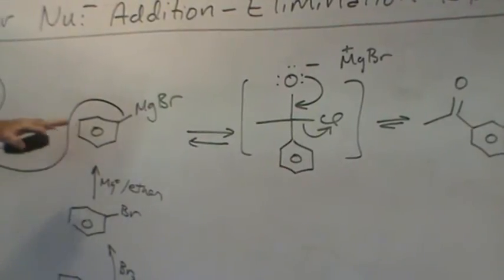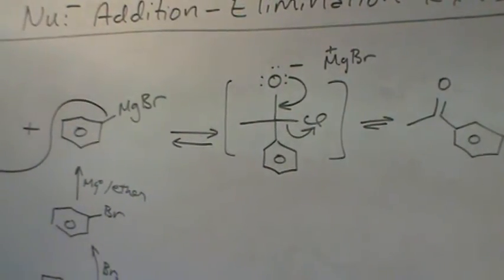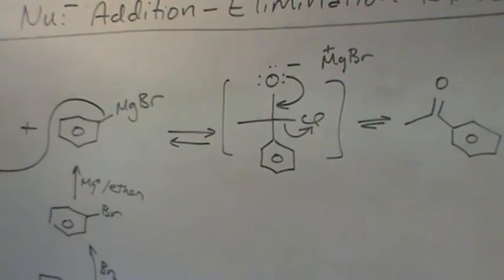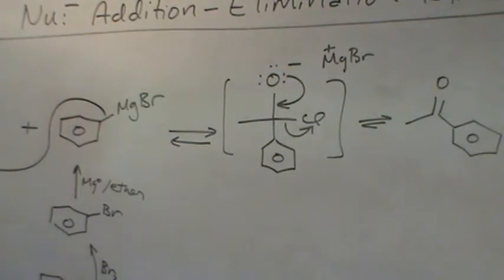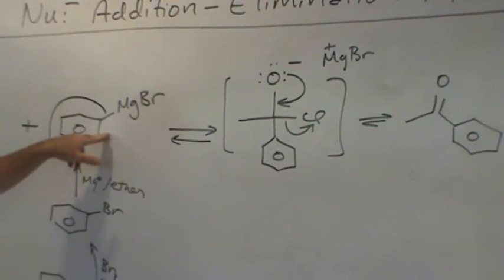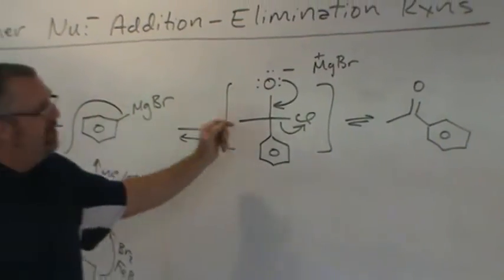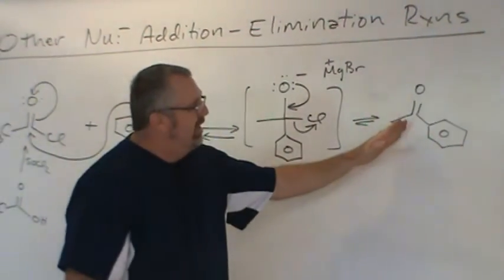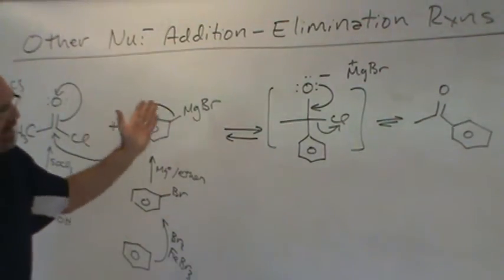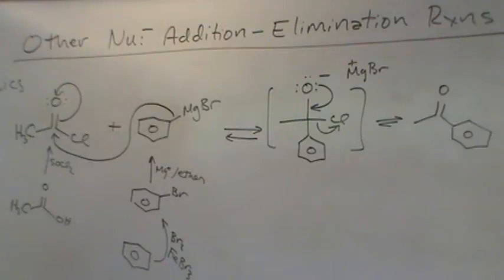Even if I've only added one equivalent of Grignard reagent, which means the same number of moles, this reaction doesn't take place like that. It takes place over time. The ketone is formed over time, and it's formed in the presence of Grignard reagent. For that reason, we know that Grignard reagents, organometallics in general, react with aldehydes and ketones, and that's a ketone. So the reaction is going to continue. The reaction is absolutely going to continue.